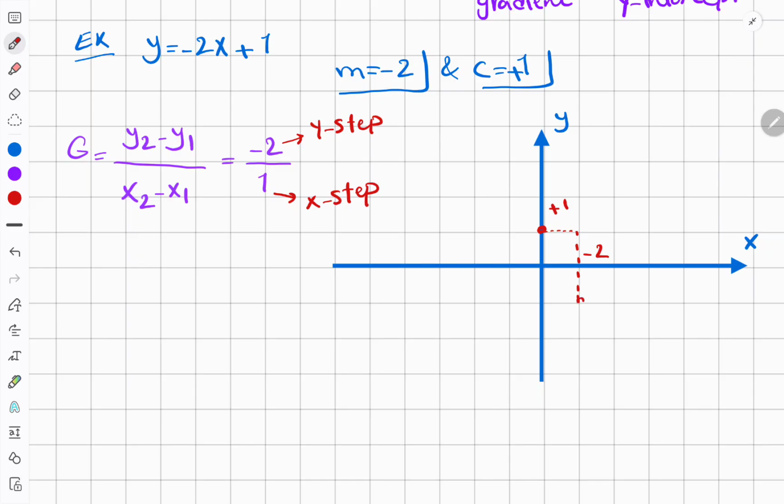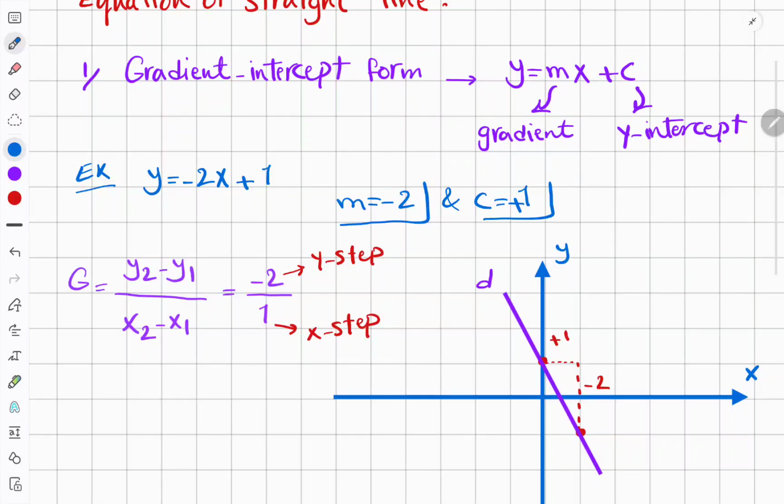So we have another point here, and I'm gonna sketch a line that passes through these 2 points. We can call this line D. So y equals negative 2x plus 1 is the equation of line D, and we sketch this. So this was the first form, gradient-intercept form.